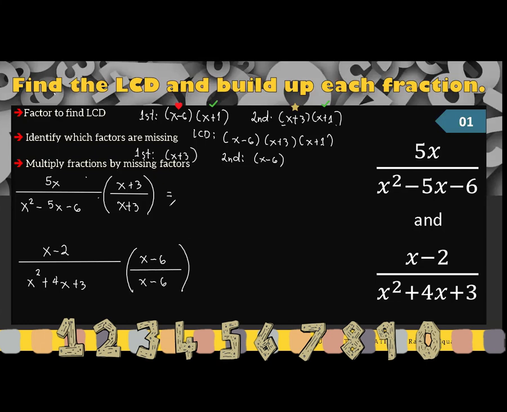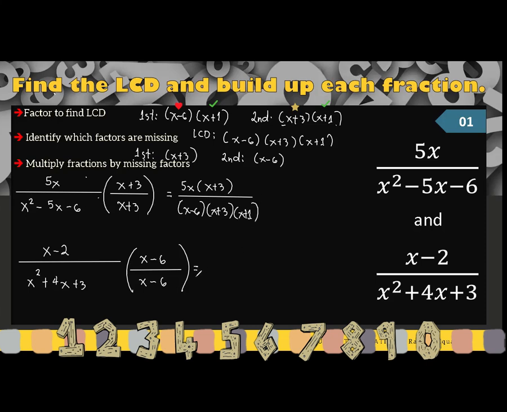For the first expression here, we have to multiply the numerator and the denominator by x plus 3, and that will give us 5x times x plus 3 over the LCD. Let us rewrite the expression as the LCD, x minus 6, x plus 3, and x plus 1.